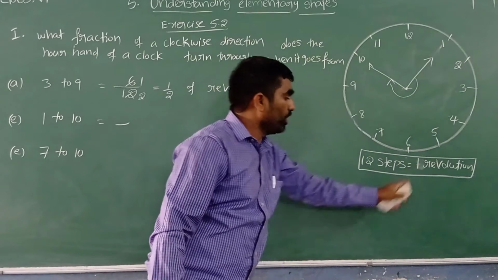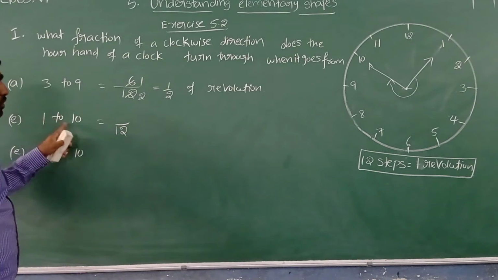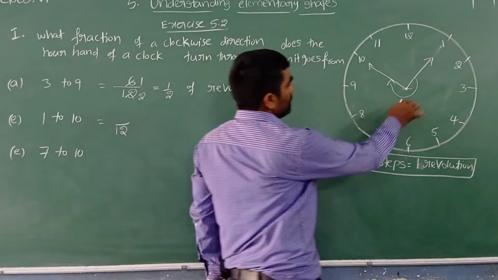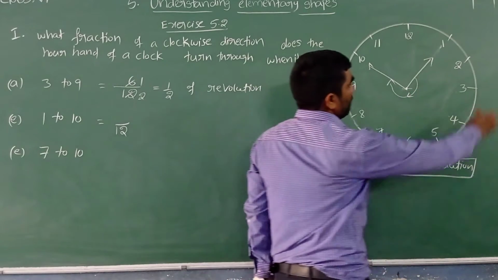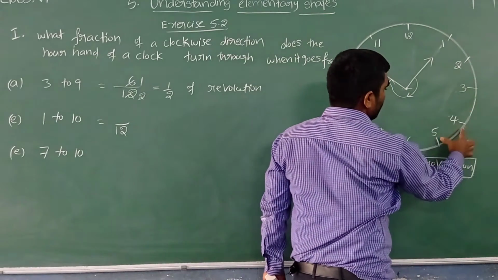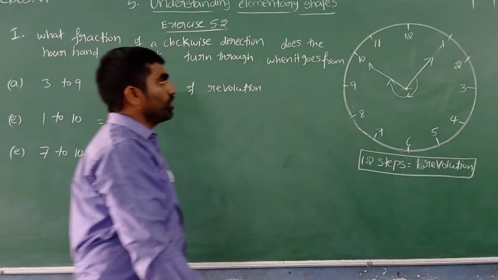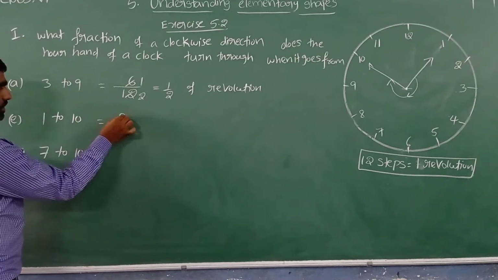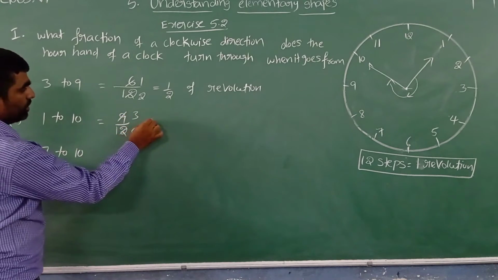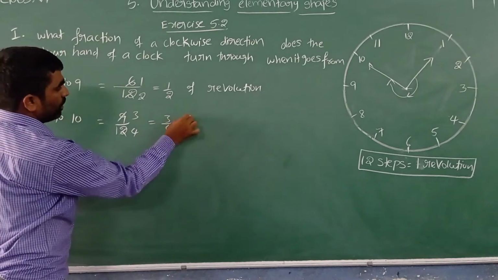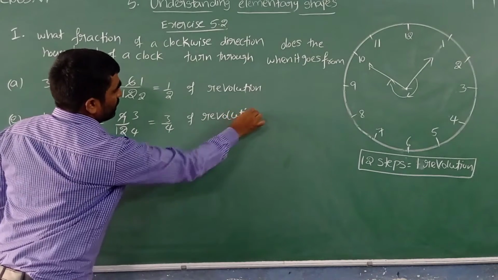So out of 12 steps, from 1 to 10 clockwise, let's count how many steps we cover: 1, 2, 3, 4, 5, 6, 7, 8, 9. Yes, we cover 9 steps. Let's simplify this. 3 3s are 9, 3 4s are 12. We can write 3 by 4th of a revolution.